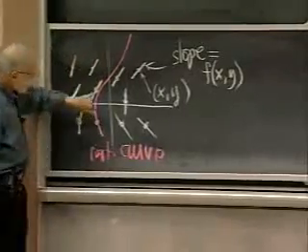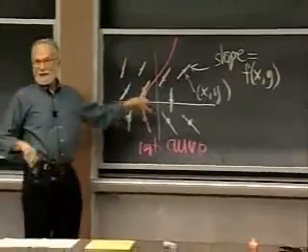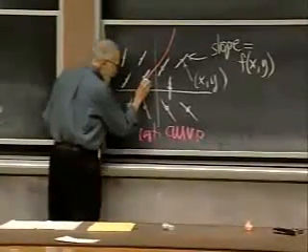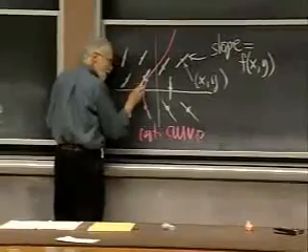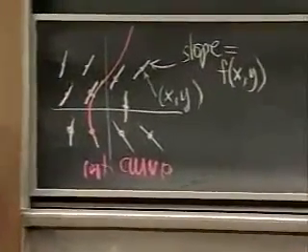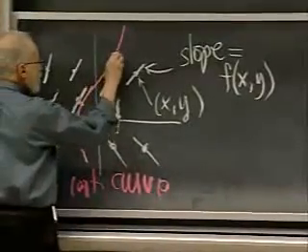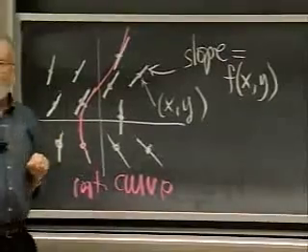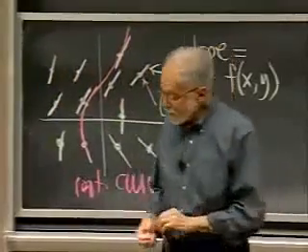Hey, wait a minute, it's not tangent to the line element there, it didn't even touch it. Well, I can't fill up the plane with line elements. Here, at this point, there was a line element, which I didn't bother drawing in, and it was tangent to that. Same thing over here, if I drew the line element here, I would find that the curve had exactly the right slope there.